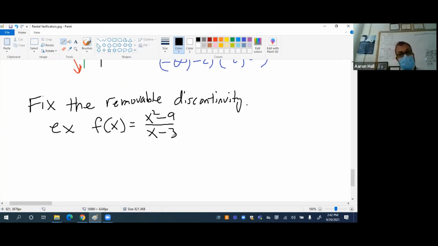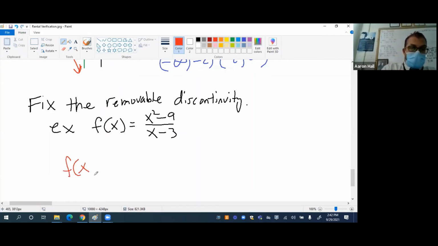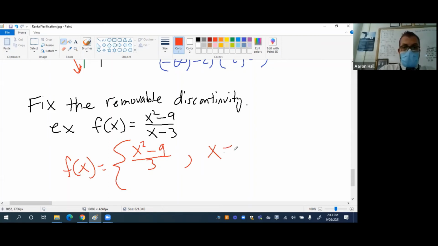How did you get 3? So we have a hole in there. This would be a multiple choice question, and it's actually written as a piecewise function. So I have f of x equals, and then we have this squiggly bracket, and then x squared minus 9 over x minus 3 for all x values that are not 3.